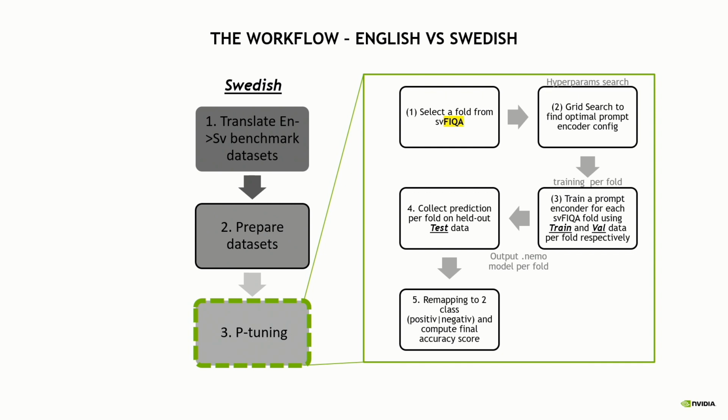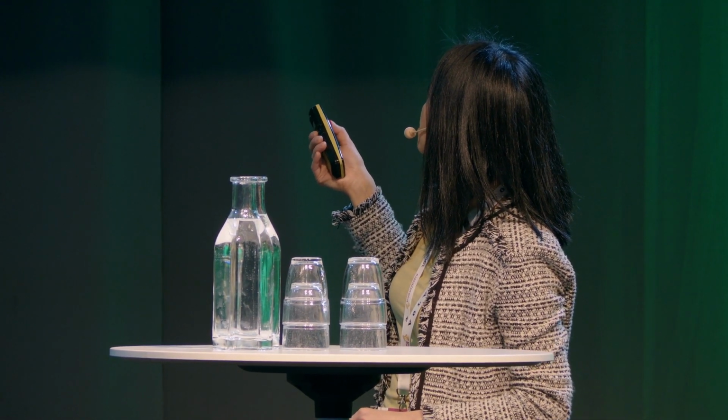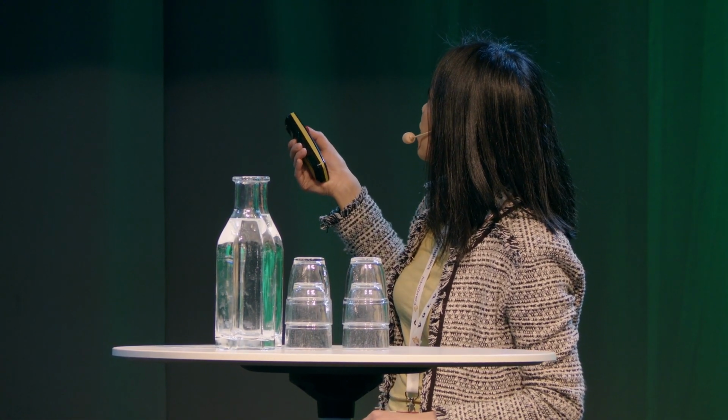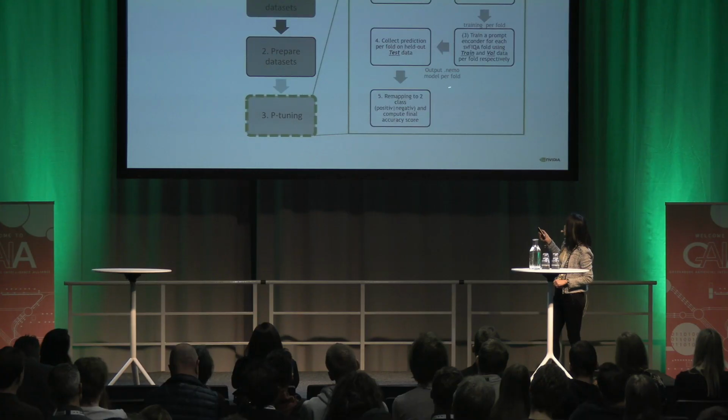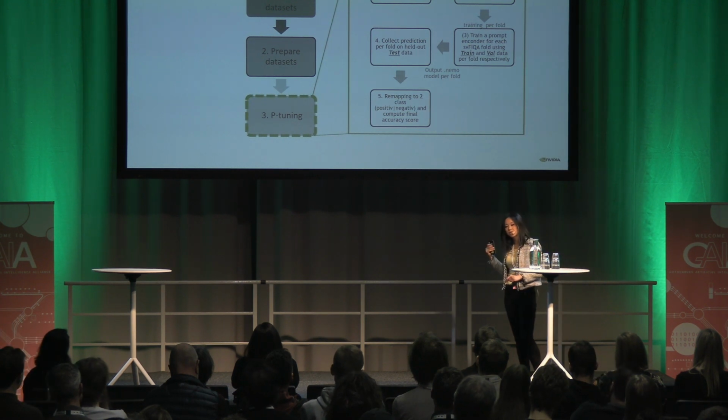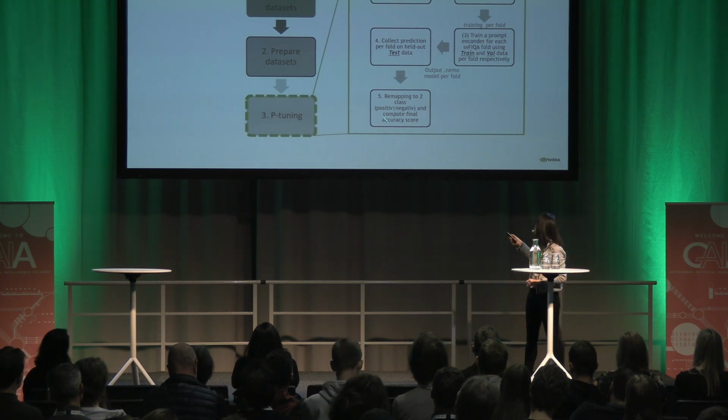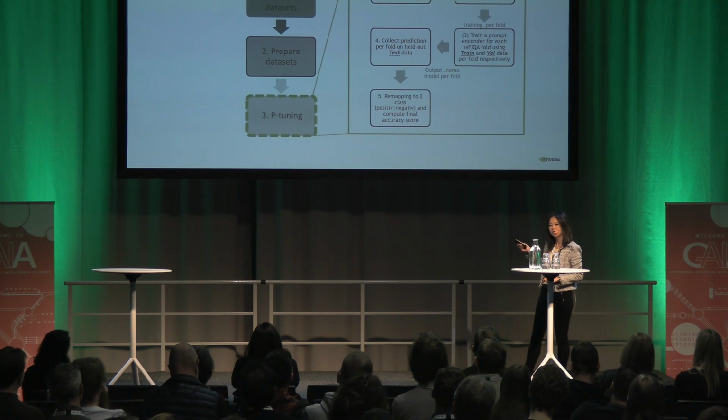Then you train a prompt encoder, which is a 2-layer LSTM neural network. And then you use the training and validation data and hold out the test data. And then you will have a model which you use for prediction. Again, because I want to translate it backwards to a binary data set, I need to do the remapping, which we're going to talk about next.